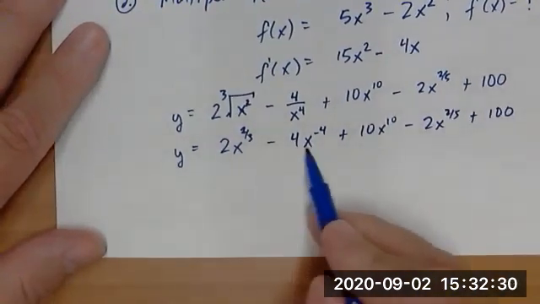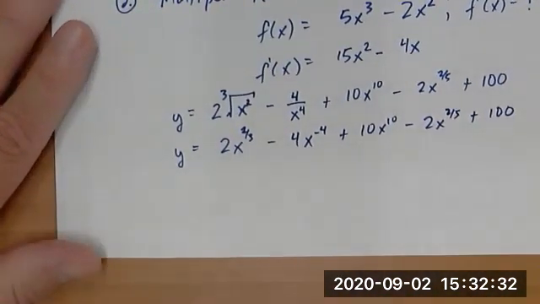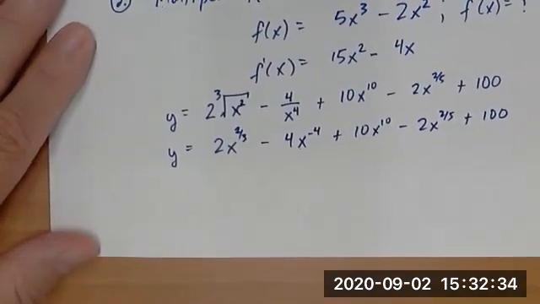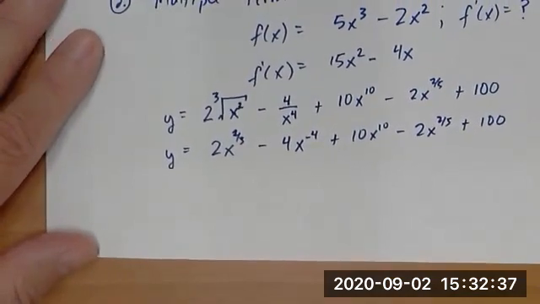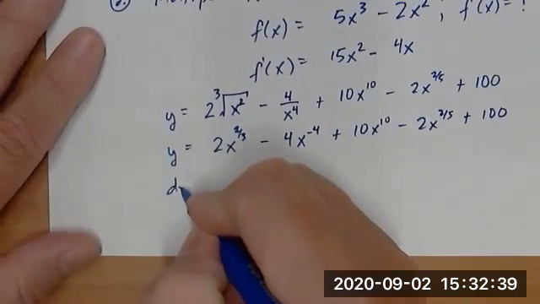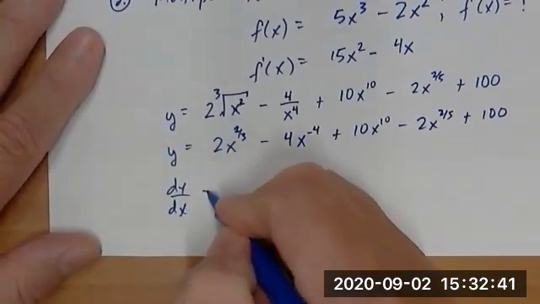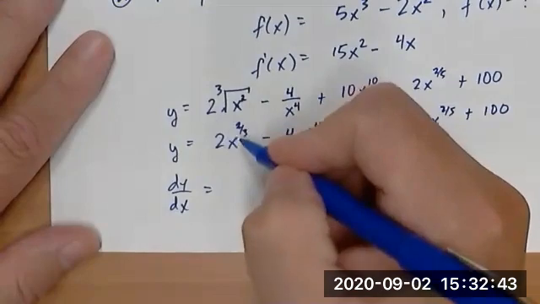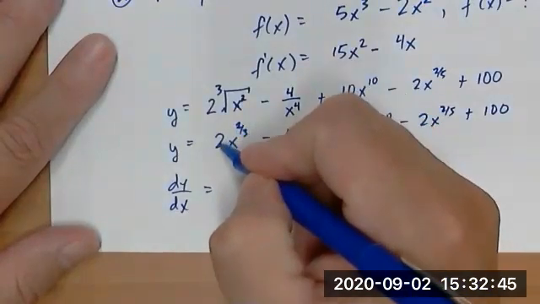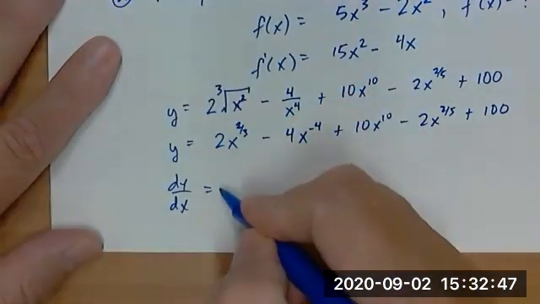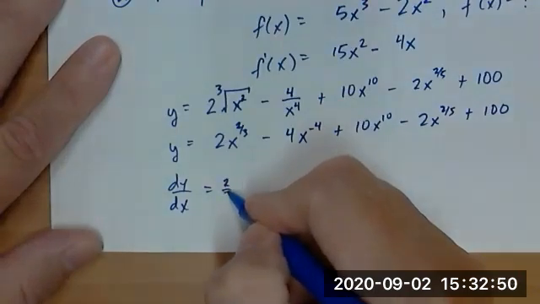So now that all my terms are written in the form where I can apply the power rule, I'm going to take the derivative. So 2/3 times 2. Let me not skip steps here.